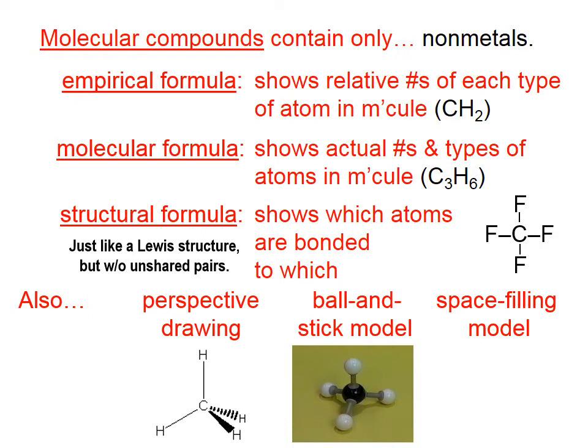A ball and stick model looks like that. Many first-year students build molecules in class using a ball and stick representation, and then a space-filling model tries to account for the idea that the atoms have electron clouds around each atom, and those clouds tend to overlap.